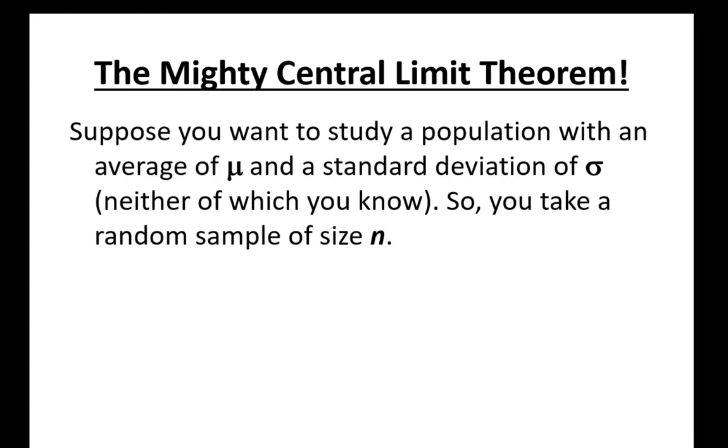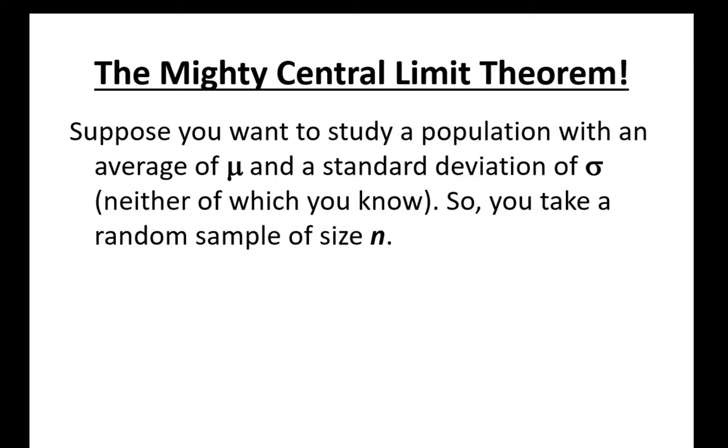Okay, so why do we do statistics? Well, just like always, we want to know something about a population, usually an average. But we can't unless we do a census. So the best thing we can do is take a sample of size n. Now that sample is going to have an average. We usually call it X bar.